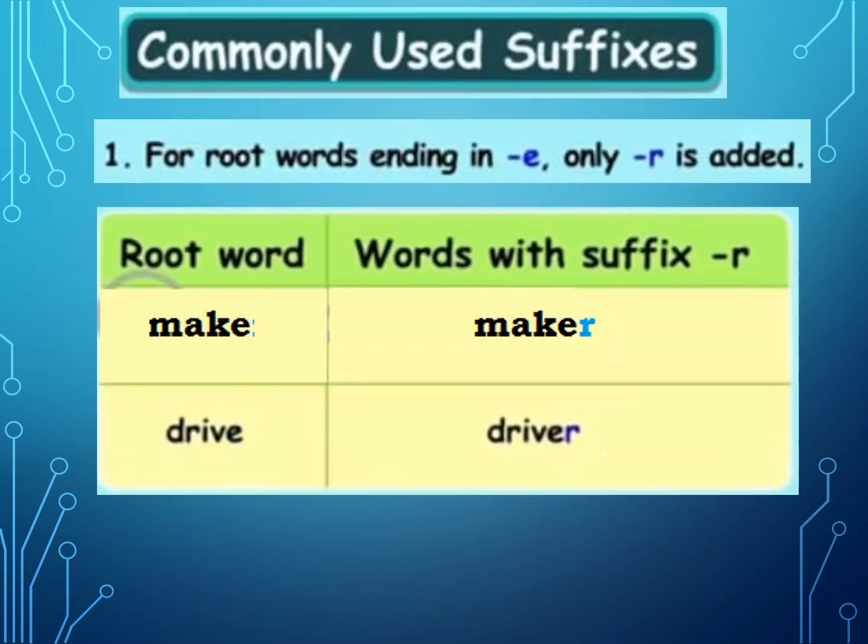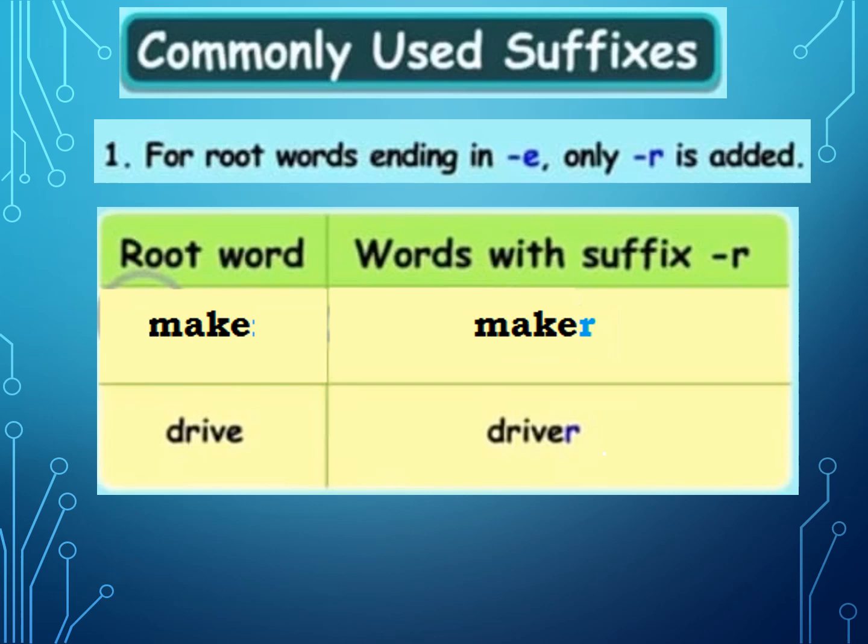Commonly used suffixes. For root words ending in e, only r is added. They have been formed by adding some of the commonly used suffixes like er.